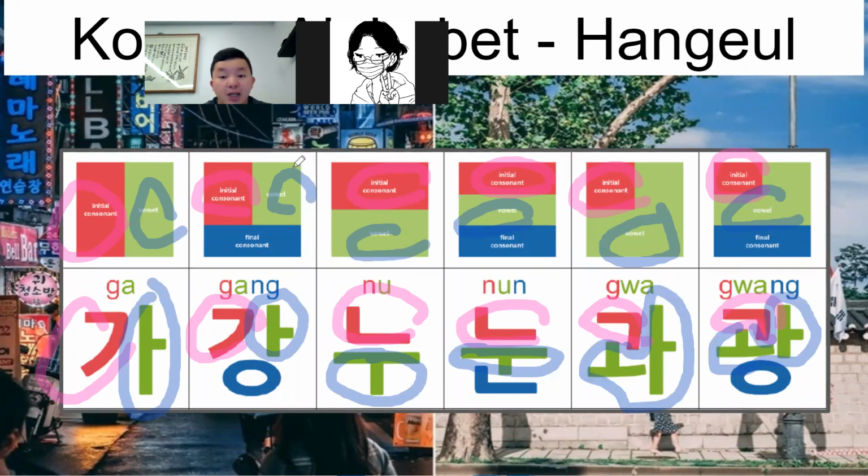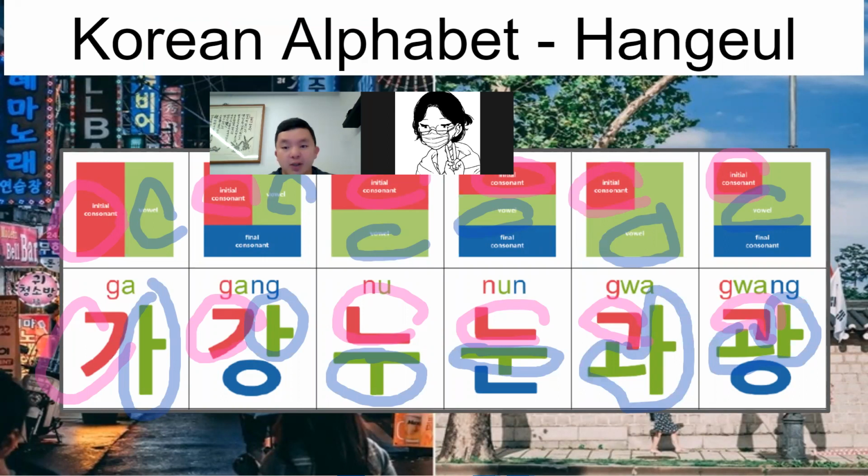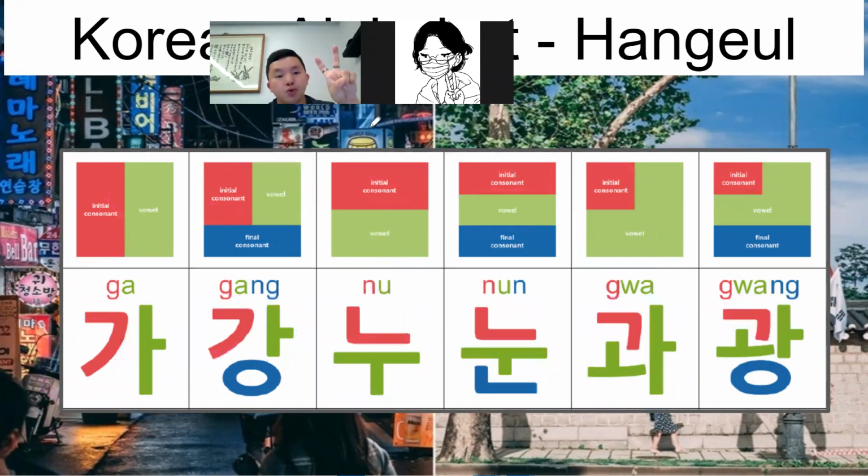So as Andy asked me, the first box is an example of one consonant and one vowel syllable. But what about the second box? The second box is an example of two consonants and one vowel.